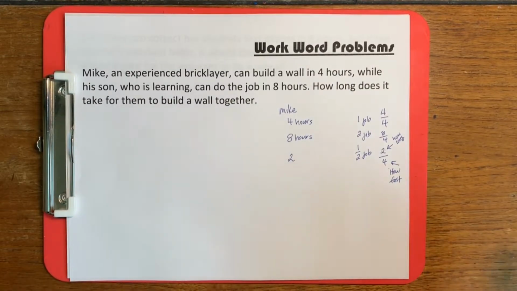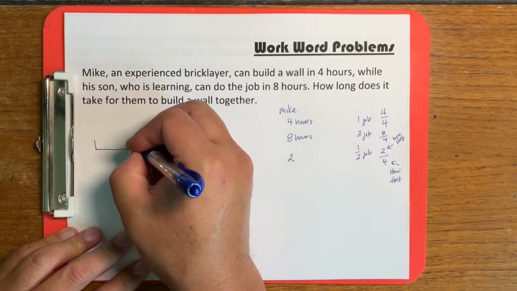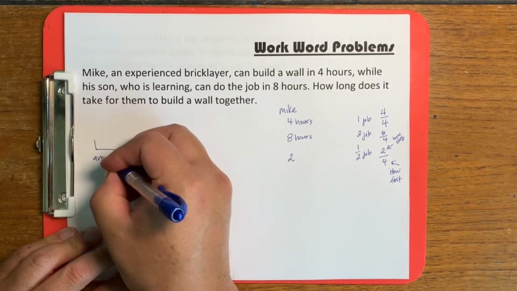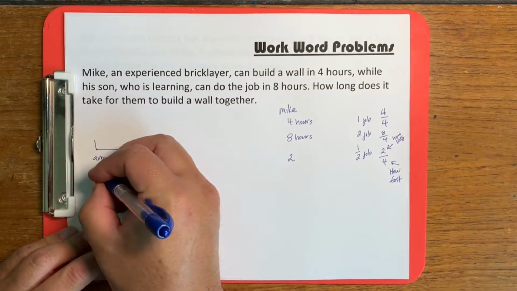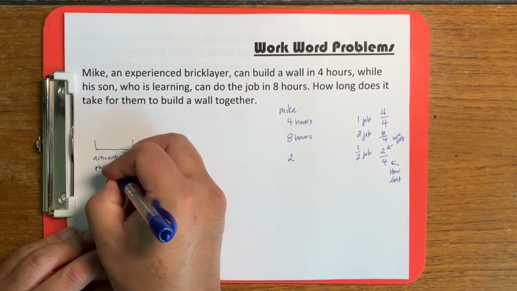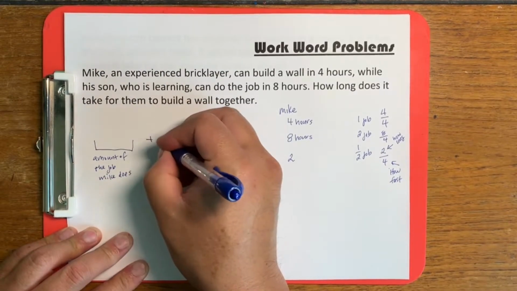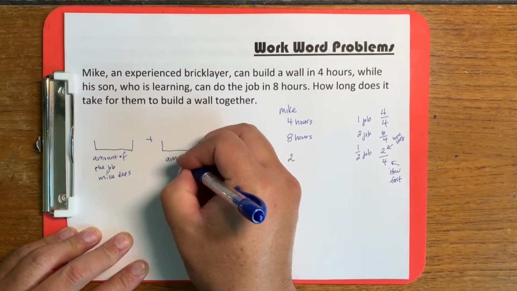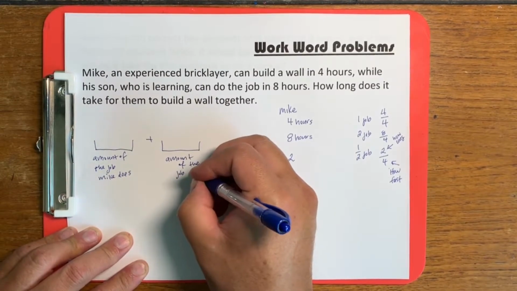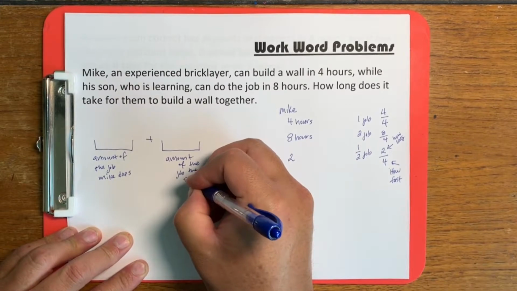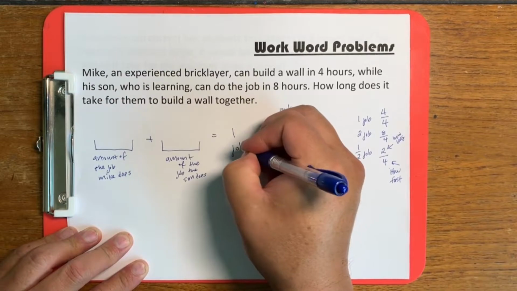Okay, now, the way we want to think about this problem is that we want to look at the amount of work Mike does, or the amount of the job Mike does, plus the amount of the job the son does, is equal to one job.